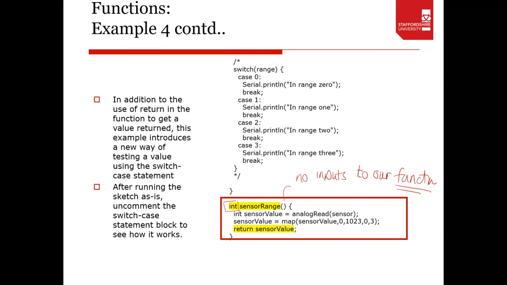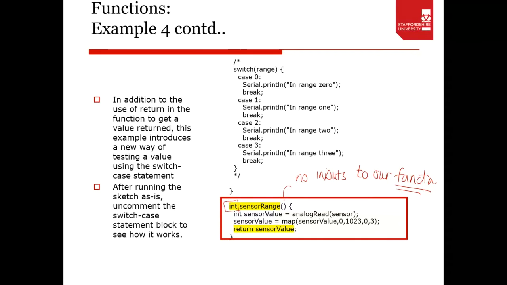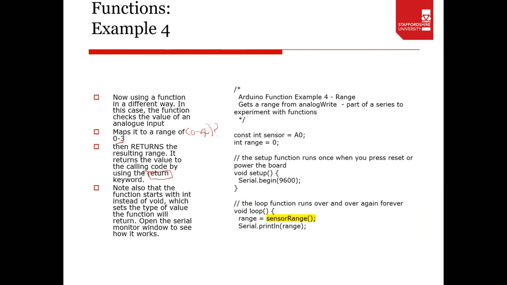So in this case, we've got a sensor range. So int sensorValue equals analogRead sensor. Let me just check. Okay. Right, so this is a good example.